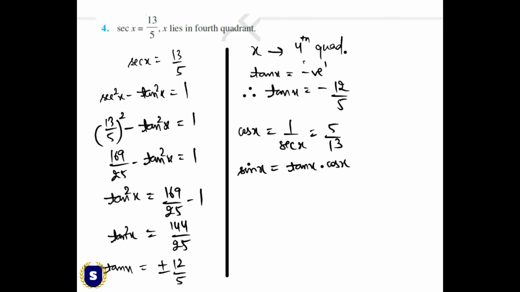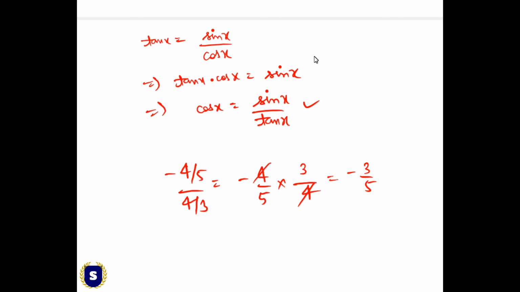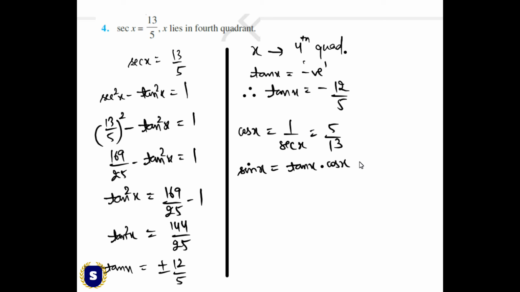Same thing, like we derived this formula, in the same way we can derive the formula for sin x also. And we have already got it here. We have already got here sin x is equal to tan x into cos x, right? So substituting the value, I'll get minus 12 by 5 multiply 5 by 13, and I got the value minus 12 by 13, right?